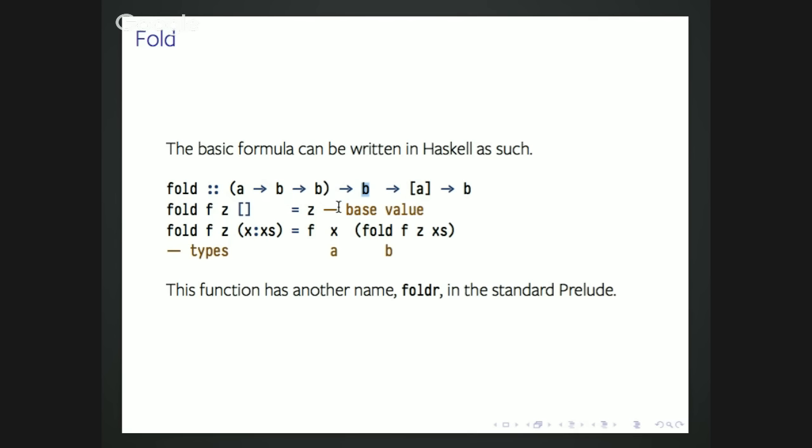So if your list was 1, 2, 3, 4, coming back up to your final case, you would have 1 plus, and then 2 plus, and then another paren, and then 3 plus, and then finally 4 plus 0 would probably be your base case. And then it would go back and undo all those parens and combine everything together.